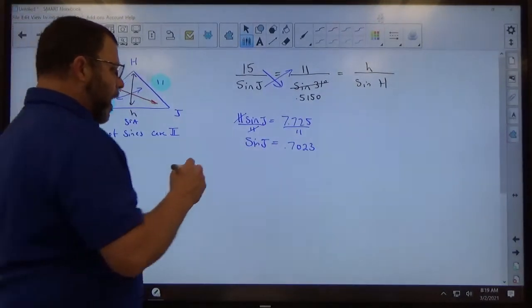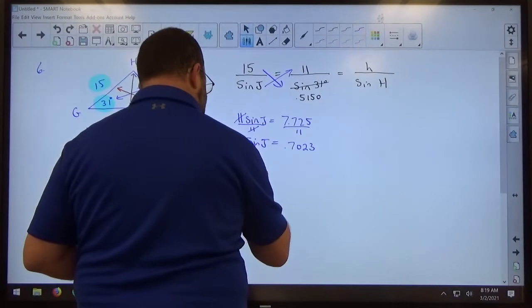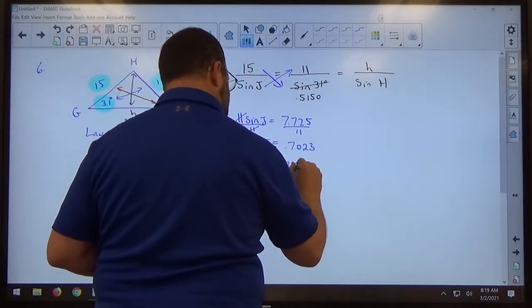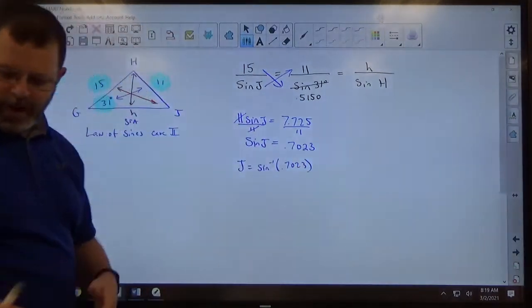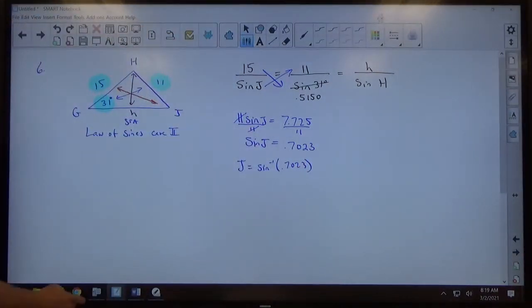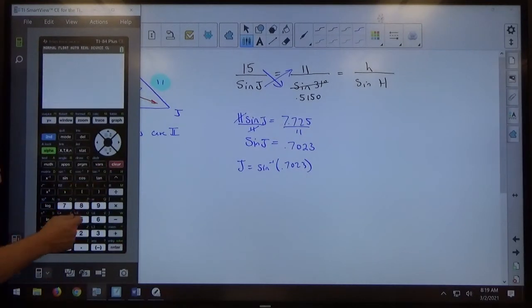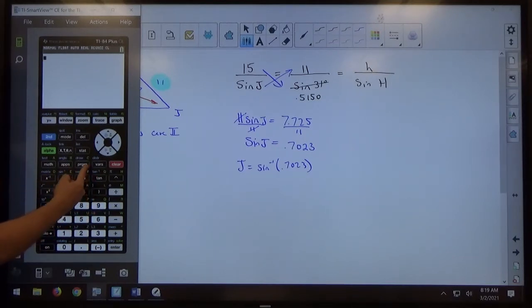So what I'm going to type in my calculator to find j is the inverse sine. I'm going to bring the calculator up on the board so you can look at what it looks like. For me, the sine, cosine, tangent buttons are here. Above the sine is sine -1, above cosine, cosine -1, above tangent, tangent -1.